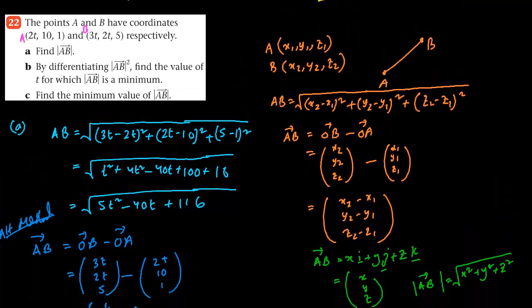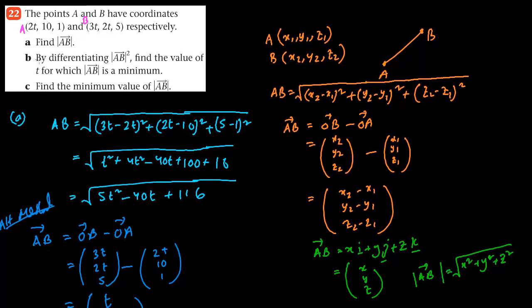Now take a look at question number B. Question number B is completely different. It does not deal with vectors, it really deals with coordinate geometry. It deals with maxima and minima. So what they are saying is that by differentiating the length of AB squared, find the minimum value of t.